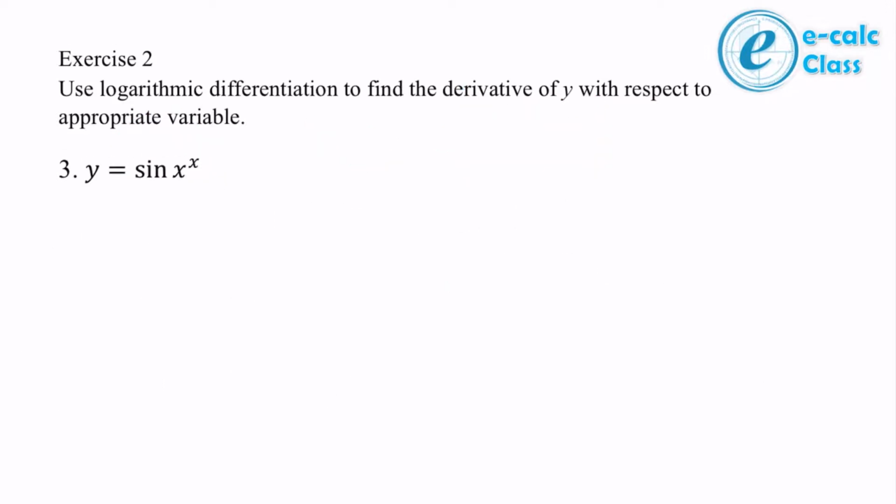Oh, this is what I want to talk about. You see, look at it. Logarithmic differentiation. We take ln on both sides, right? But does it make it easier to differentiate? No, right? Because your problem is with this x to the x.